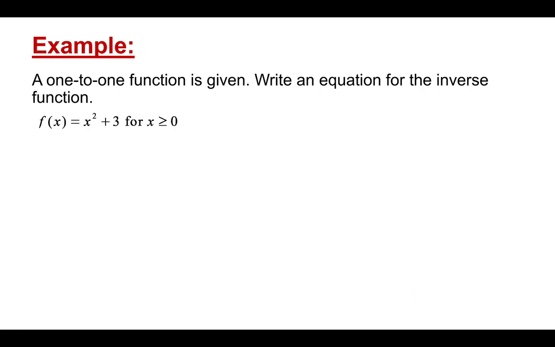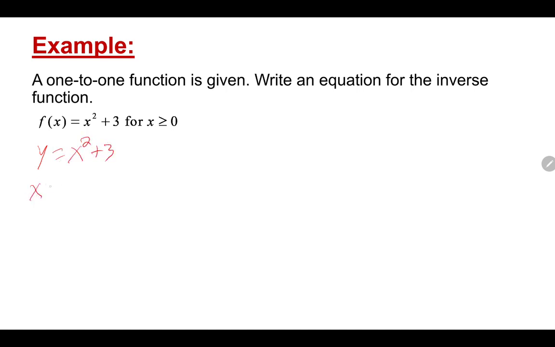Here we're told to write an equation of an inverse function, but we're specifically looking for when x is positive, when it's greater than 0. So we do the same process, but because we're looking for just the positive, this will work for us. So again, y equals x squared plus 3.